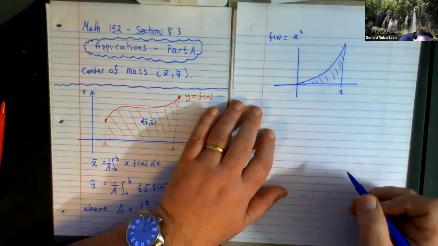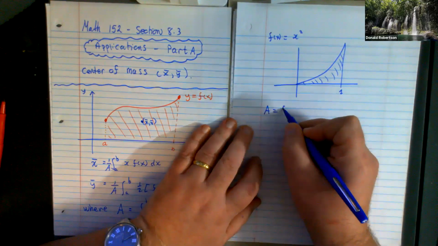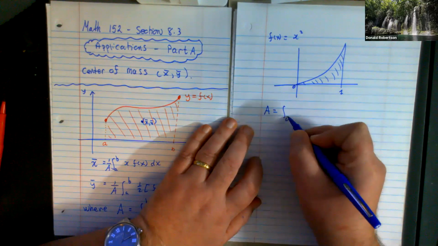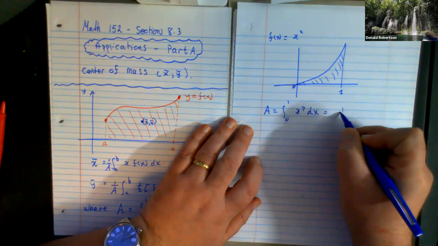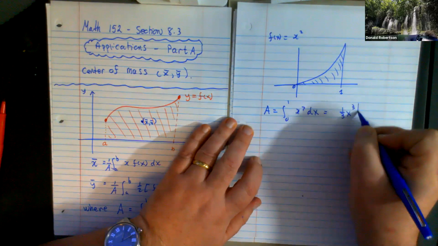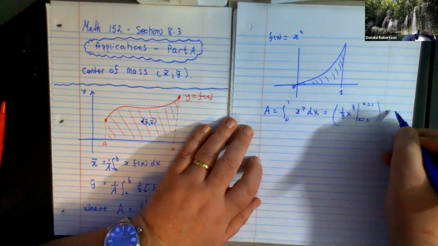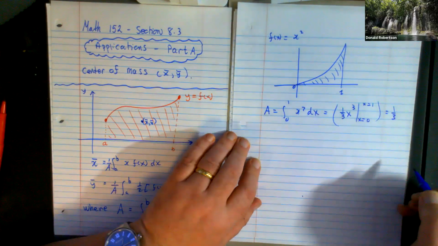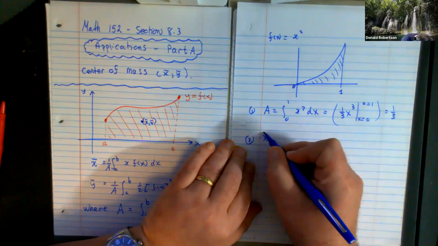Okay. Now, area under the curve is the integral from 0 to 1 of x squared. Simple power rule. And the answer you get is a third. So that's step 1. Step 2, x bar.